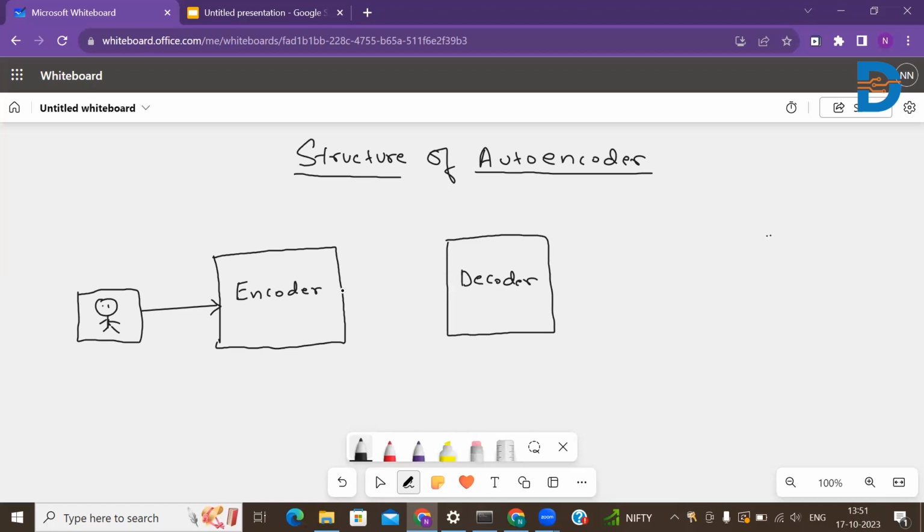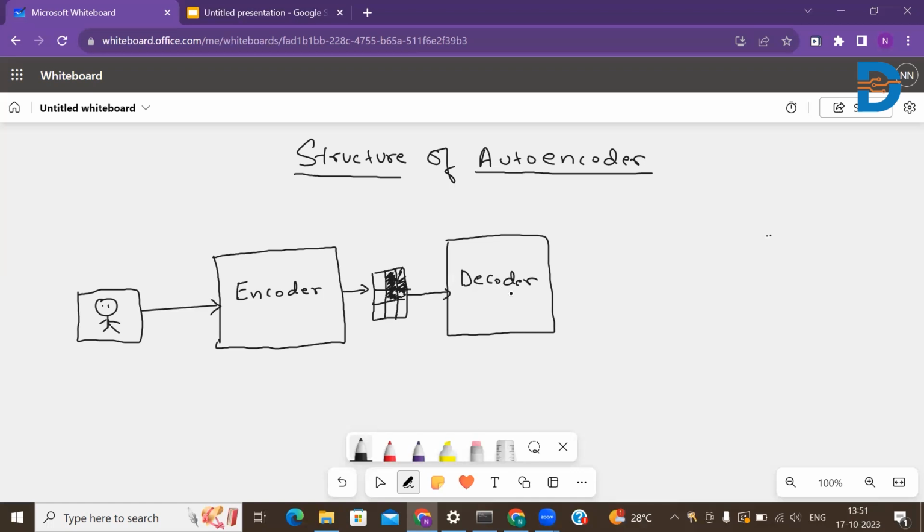If I draw the output going from the encoder, it goes like this, and here is the compression. I'm making it look a little bit weird because when you reduce the dimension of the image, it looks like this only. And then it is passed to the decoder section.